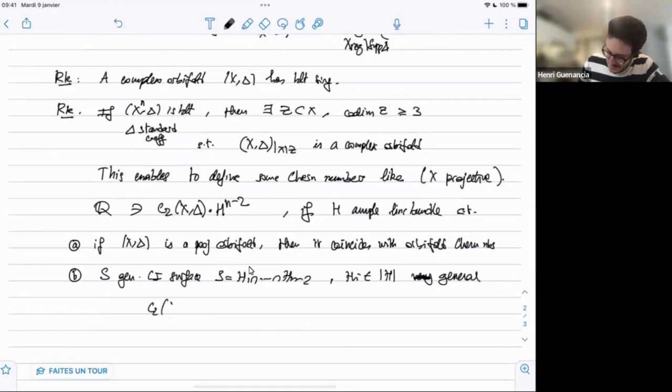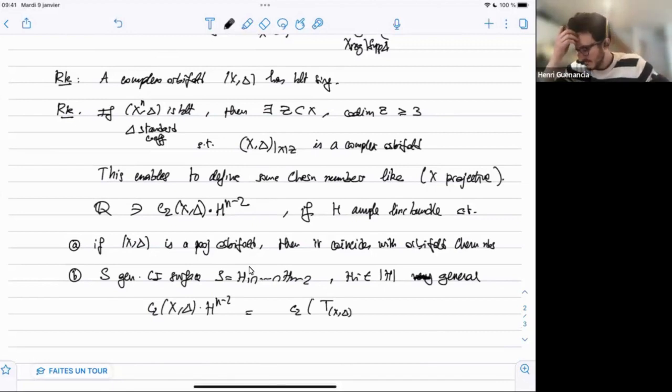Then C2 of X delta times H^(n-2) is nothing but the same computed on this bundle that I have not defined, the equivalent of the tangent sheaf for pairs. It's not really a sheaf, but it makes sense as an orbifold bundle, and I can restrict that to S. It's an orbifold bundle on the orbifold surface S. Yeah, this restriction formula is just as in the usual setting.